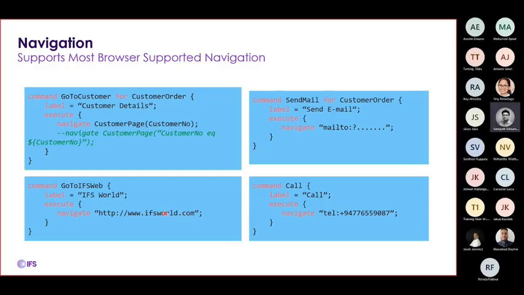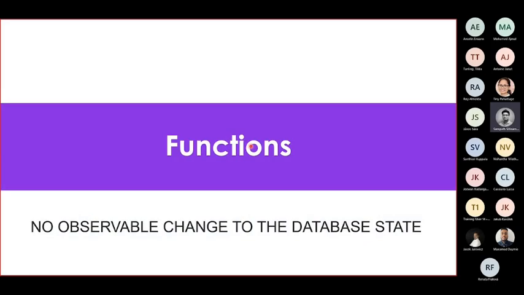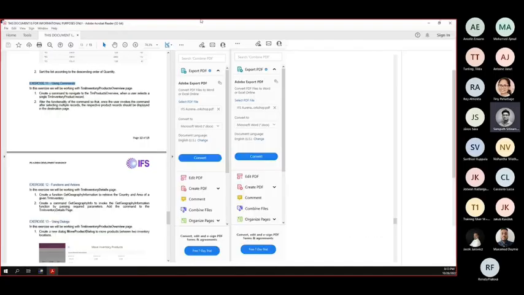And then you can have a command that will probably bring up your Teams or some VoIP client, right? These kinds of things can be done. And then there are functions and actions. We won't go into those details just yet, right? So let's see what we can do with the exercise with that knowledge in mind.